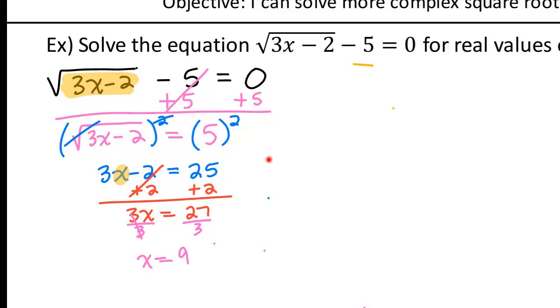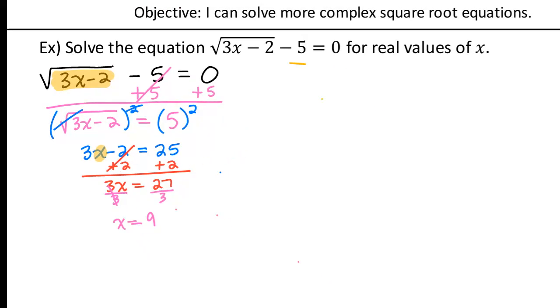I don't know if it's valid or extraneous, so then we have to go plug it in. So we're going to check now. And remember to check, you plug it into the original equation. So I have the square root of 3 times x, but what did we get for x? 9.